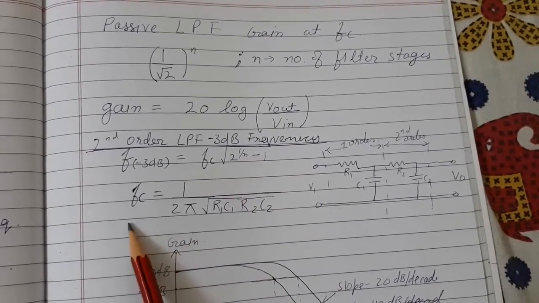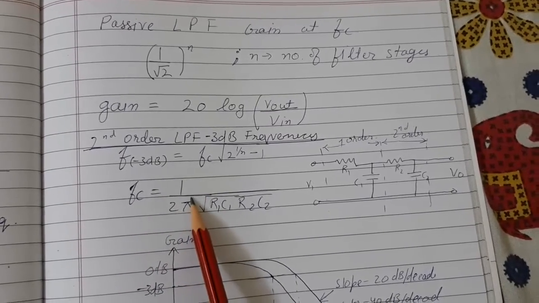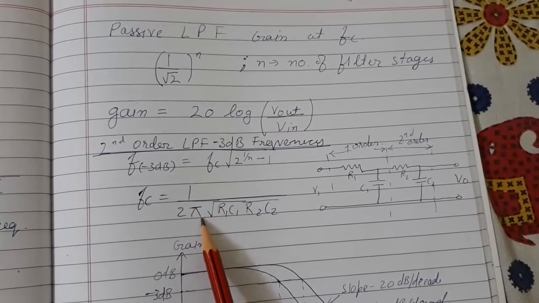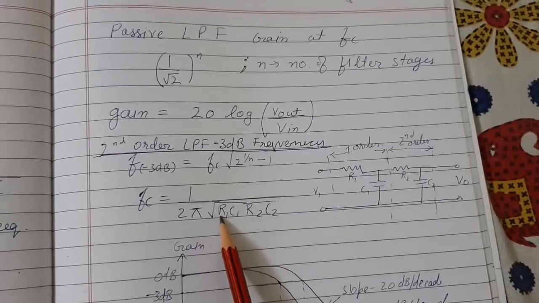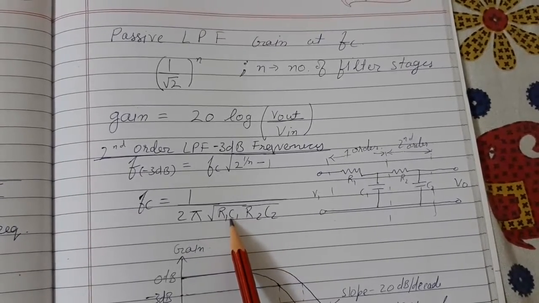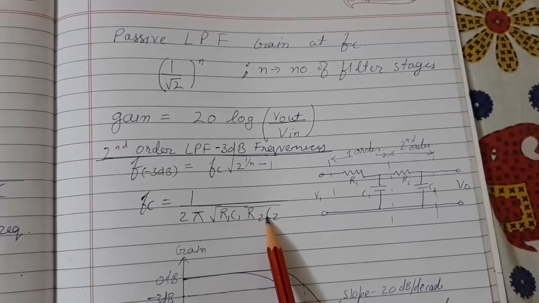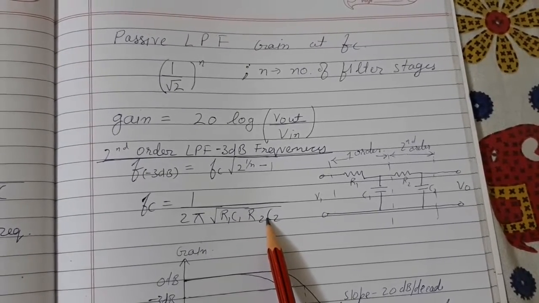The cutoff frequency of higher orders is calculated by 1 divided by 2 pi times the square root of R1 C1 of the first order RC circuit and R2 C2 of the second order RC circuit.